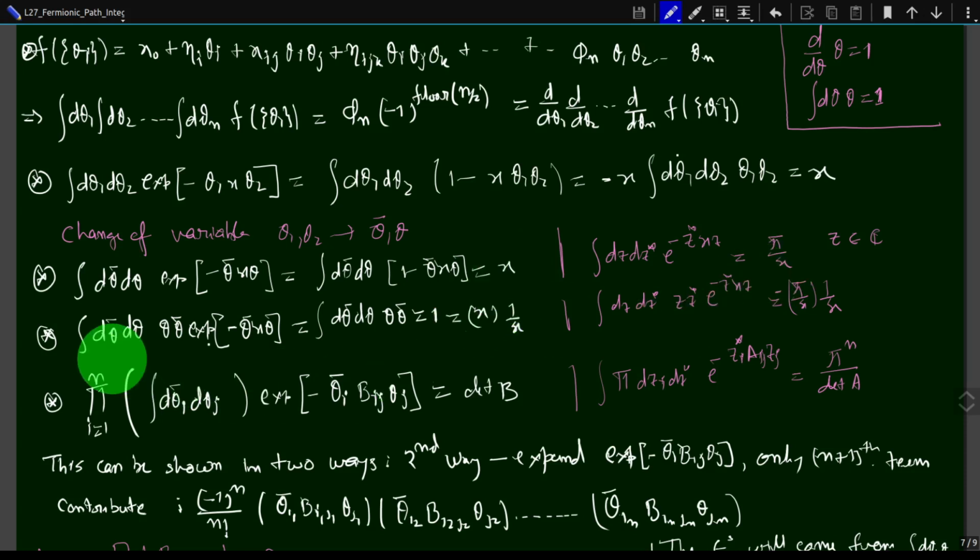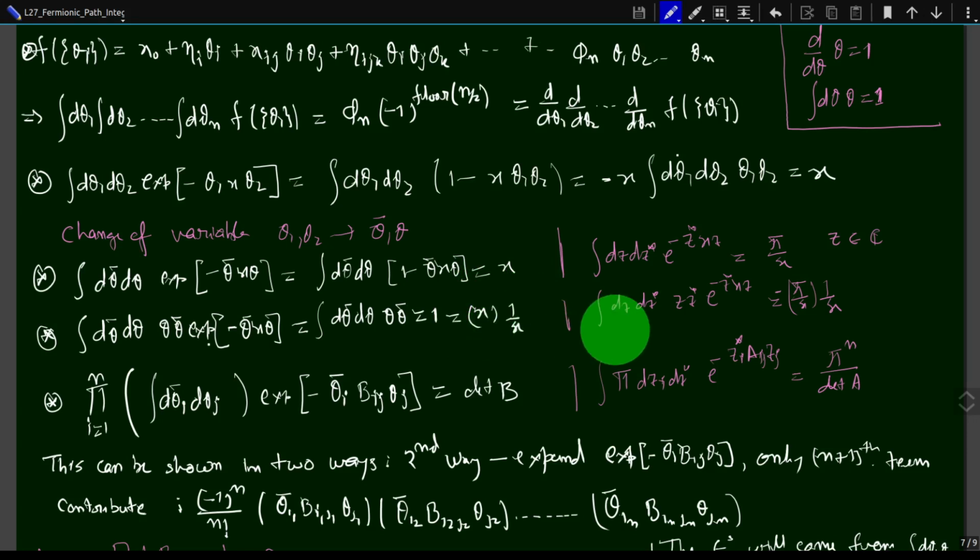Now if I have this theta bar multiplying the exponential, this is like computing the second moment of these thetas. Again I expand the exponential multiplied by theta bar from the left hand side, and of course when that multiplies with this piece it will be 0, so the only thing that contributes from the exponential is 1. So this integration is nothing but 1, which can be written as x multiplied by 1 over x.